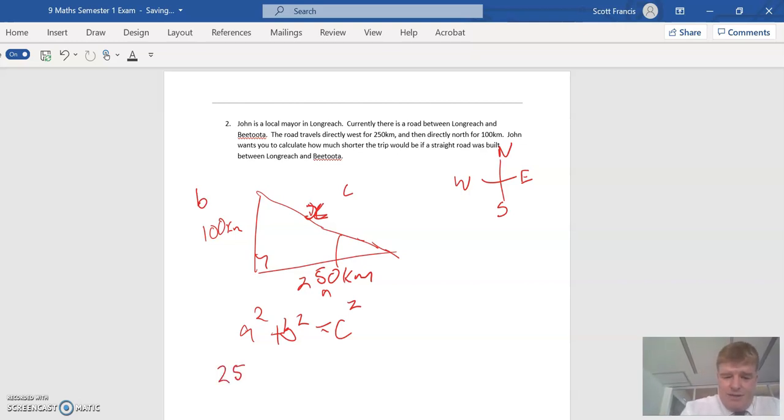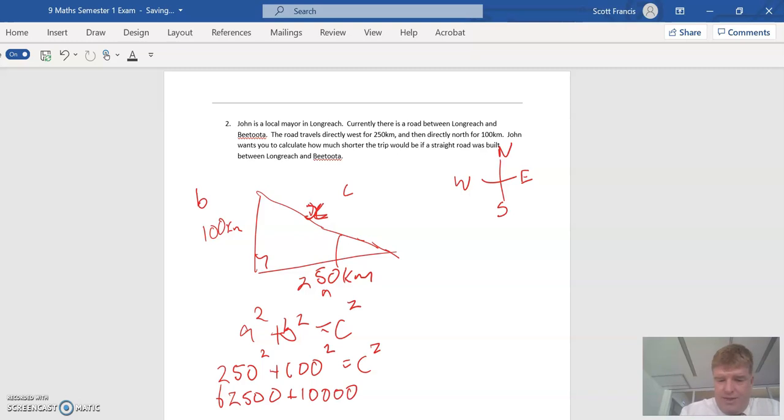So let's have a look at this. 250 squared plus 100 squared equals c squared. So let's do a little bit of calculating here. 250 times 250 equals 62,500. 100 squared is going to equal 10,000. When we add 62,500 plus 10,000, we get 72,500.